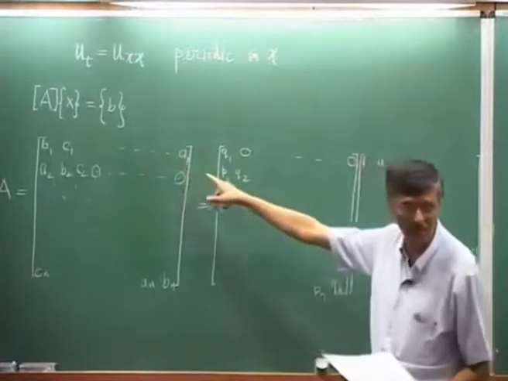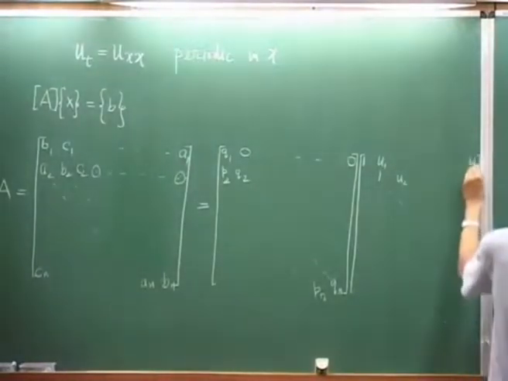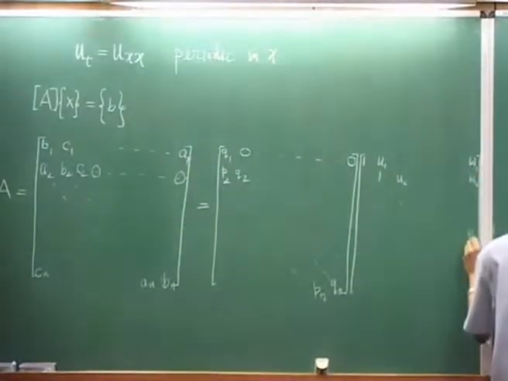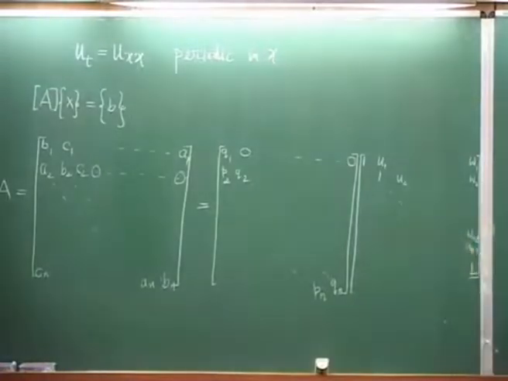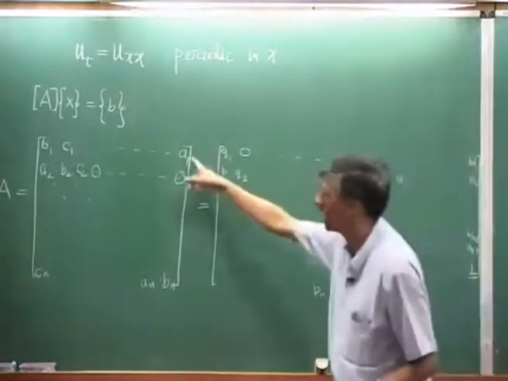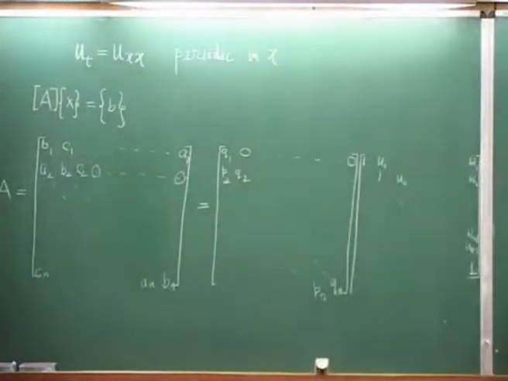To match that A 1, I must have a non-zero entry here. So to do that, I will introduce a stack of unknowns, let me call them W 1, W 2, all the way up to W n minus 2. Now, you can see that if I multiply this row with the last column, I can account for A 1. That should help me in getting some of the last columns of this upper triangular matrix.